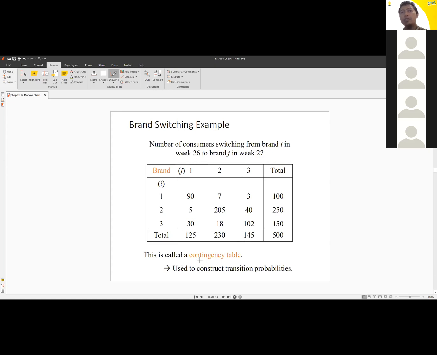This is called a contingency table, used to construct transition probabilities. It's a kind of market study to analyze customer behavior changing brands, maybe because of advertisement or endorsement.